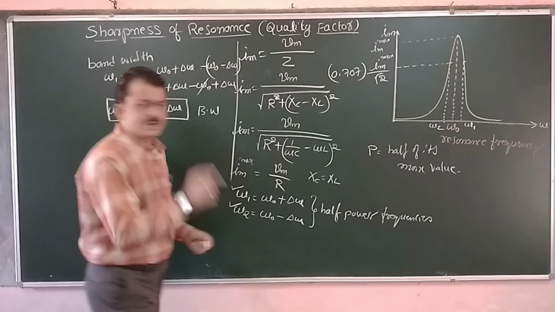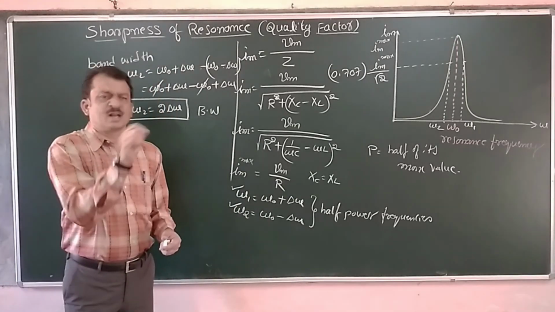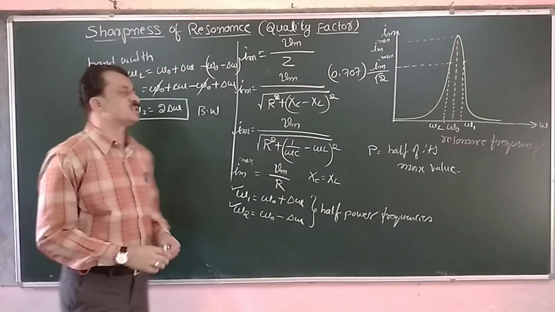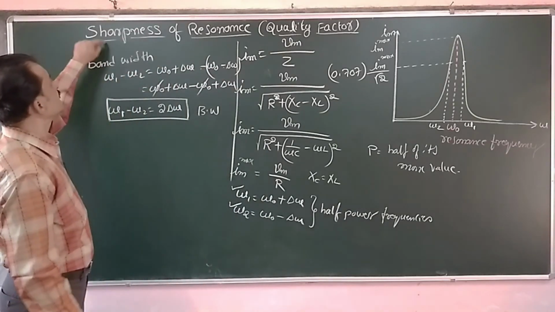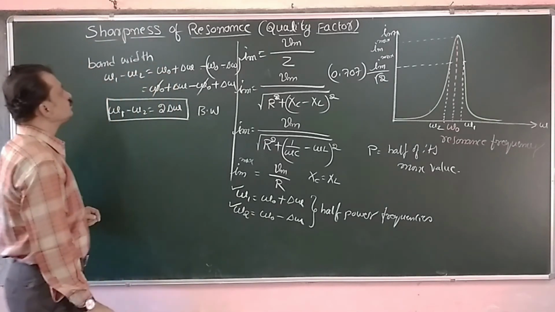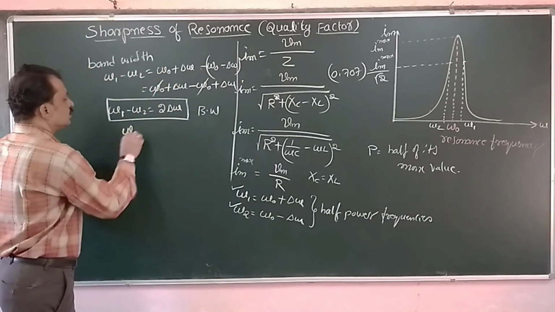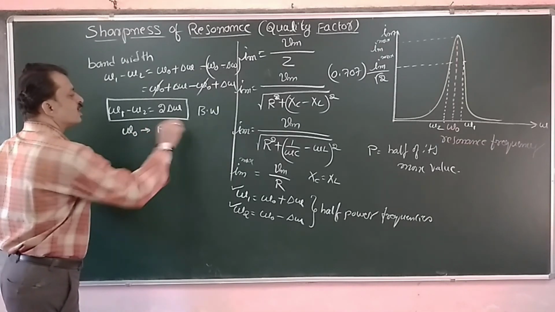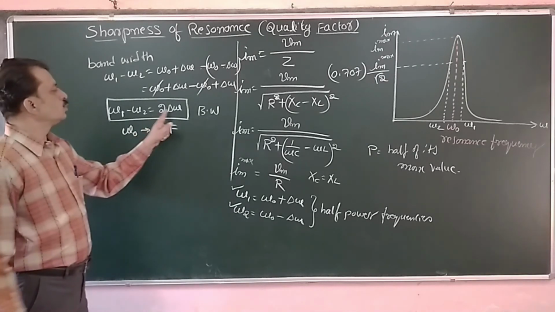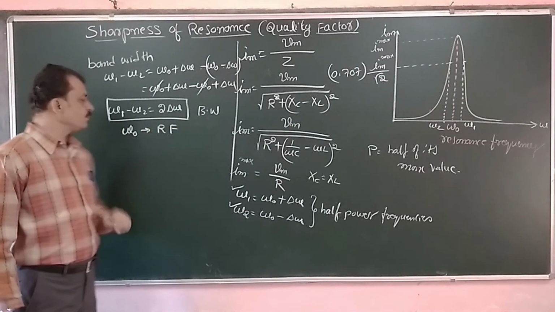Now look here: if the bandwidth is smaller and smaller, the sharpness becomes larger and larger. Let me define a new concept, the sharpness of resonance. Omega naught is the resonance frequency, not radio frequency. 2 delta omega is the bandwidth.